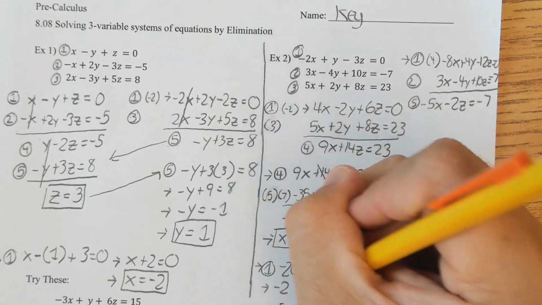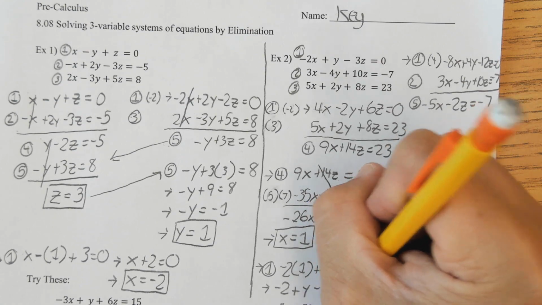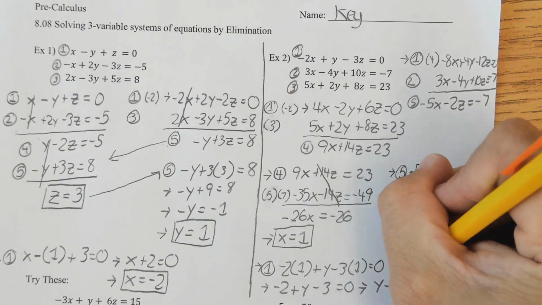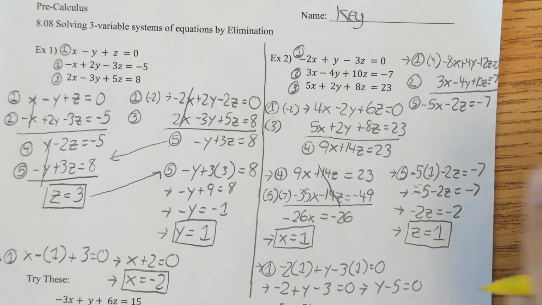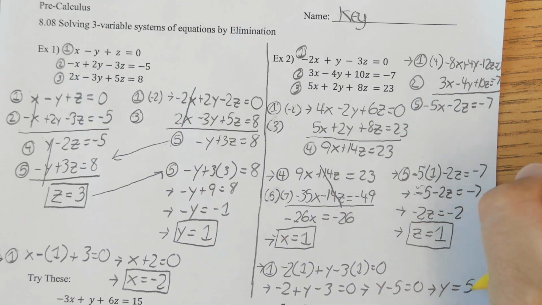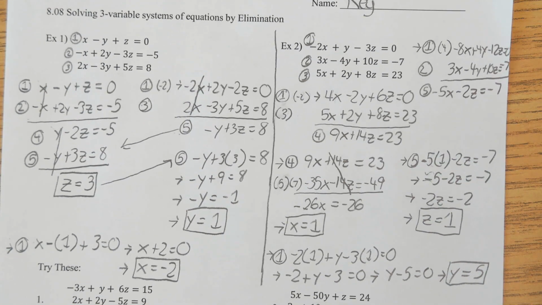That gives you negative 2 plus y minus 3 equals 0. That then gives you y minus 5 equals 0. And so therefore, move that 5 over to the right side, you get y equals 5. And there you go.